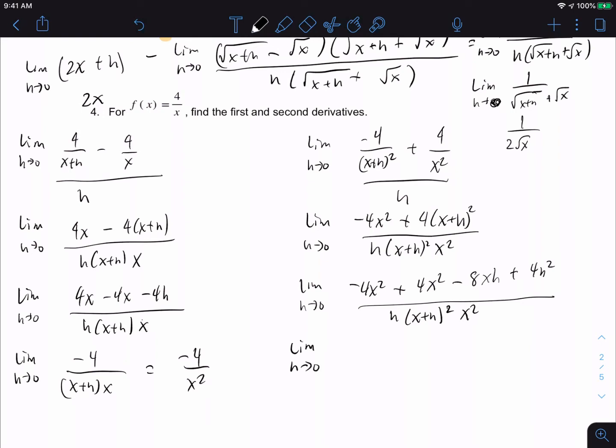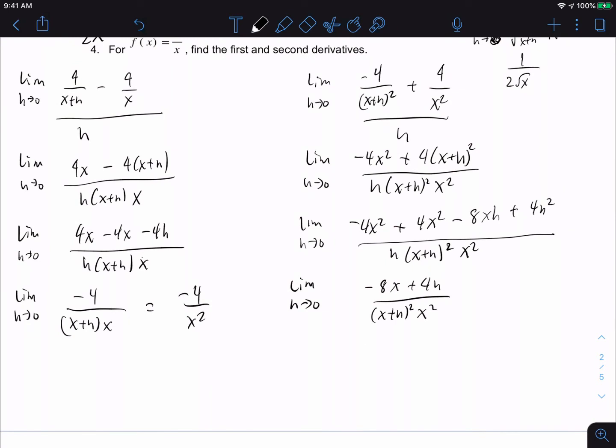And so the x squared is going to cancel. I'm going to get a minus 8x plus 4h, all over x plus h squared x squared.